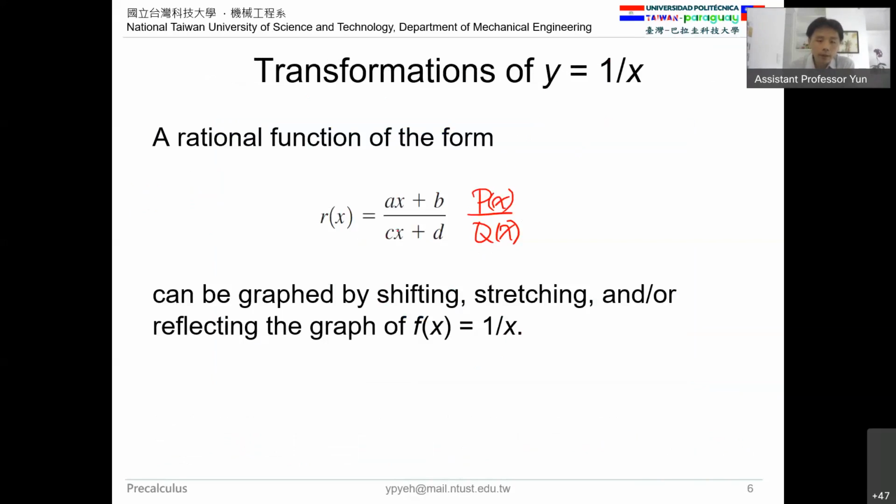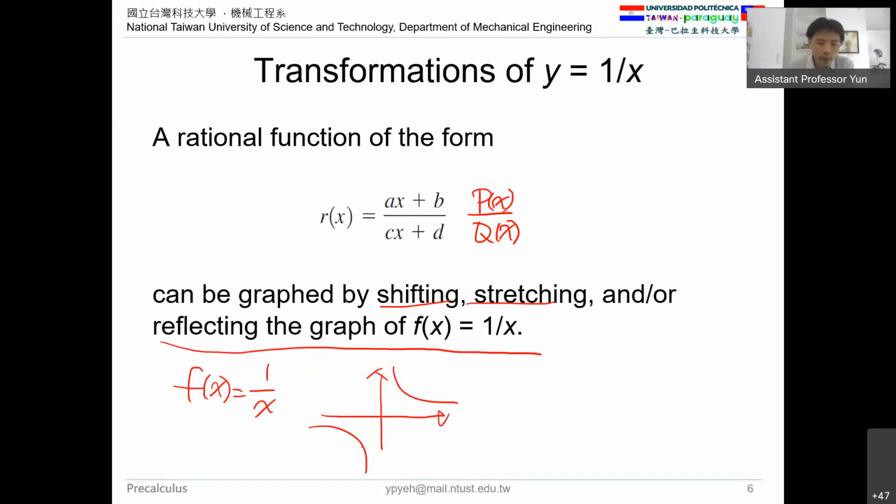For example, you can graph this rational function, p of x divided by q of x, by shifting, stretching, or reflecting the graph of the function f of x equal to 1 divided by x.